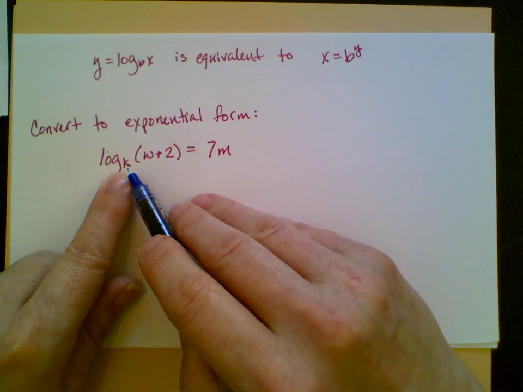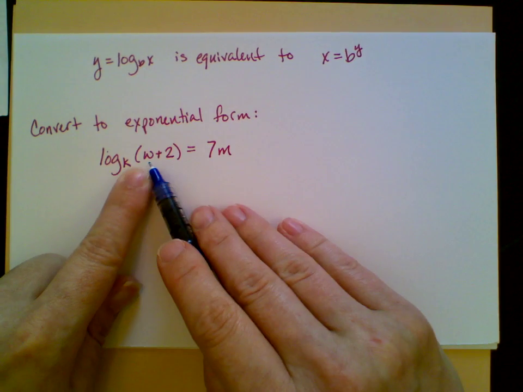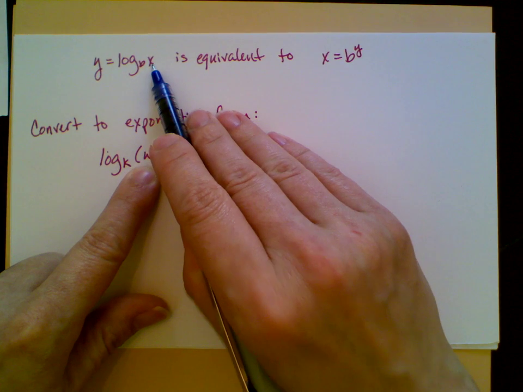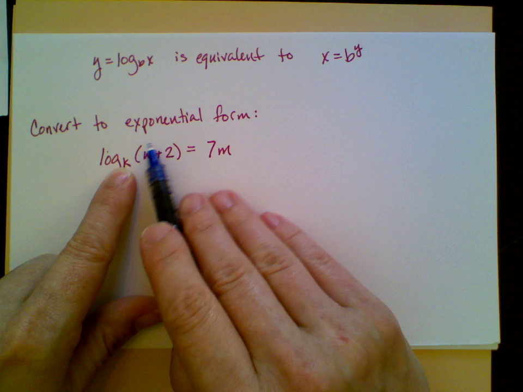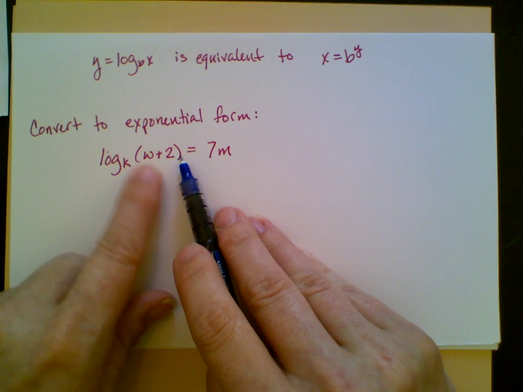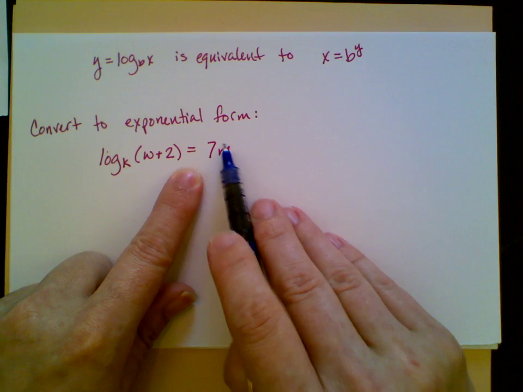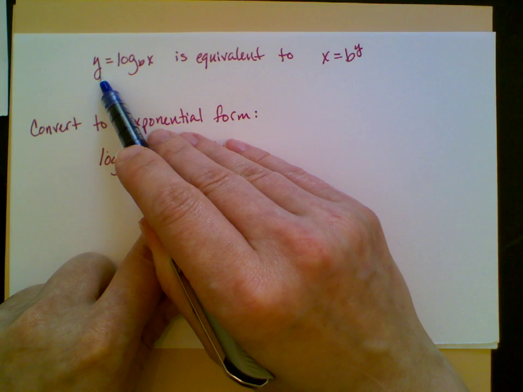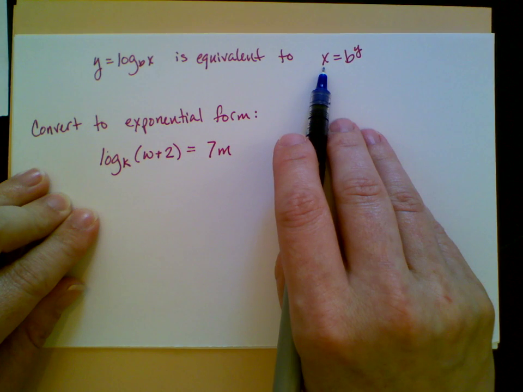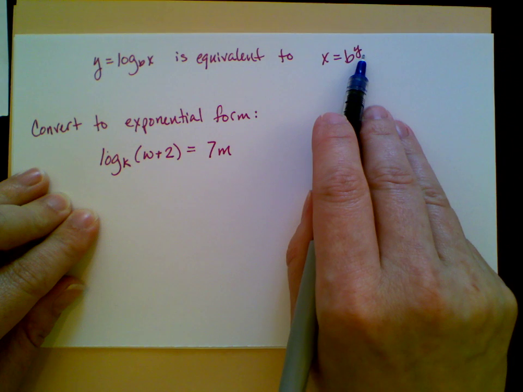Notice that k is playing the role of b, and w plus 2 is playing the role of x. That's the input for the log, or the argument of the log. And then the part that is on the other side from the logarithm is 7m, so that is playing the role of y.